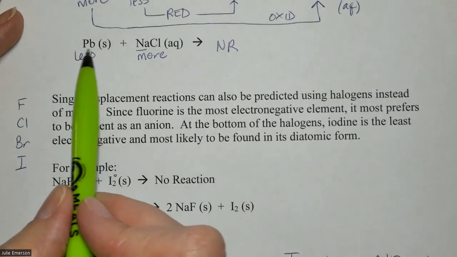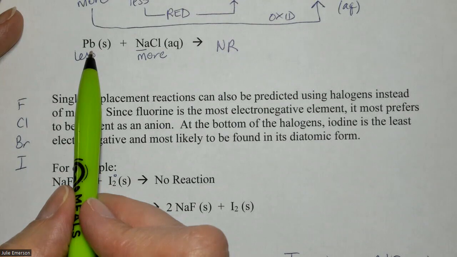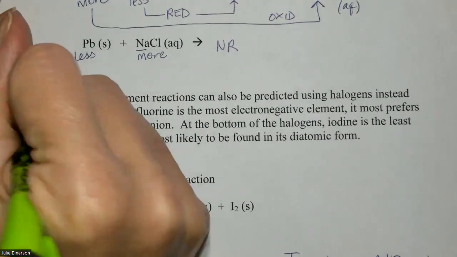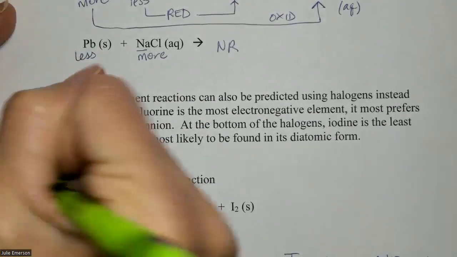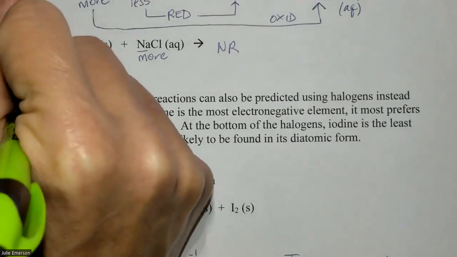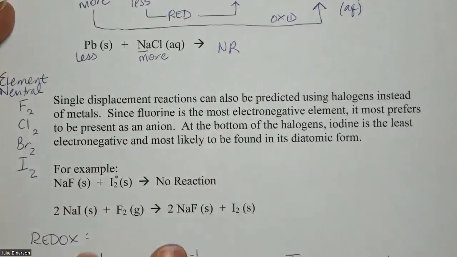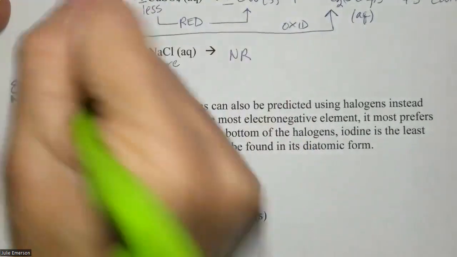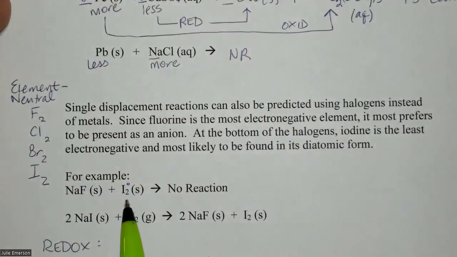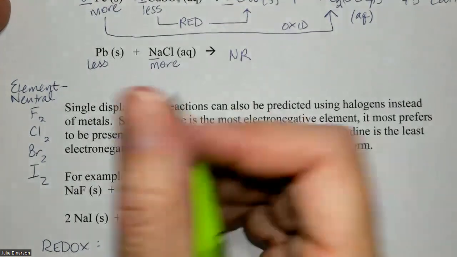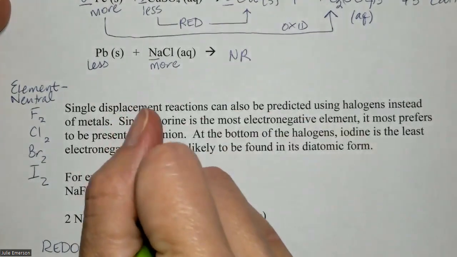So like lead is just Pb, we don't put Pb2. But for fluorine, chlorine, bromine, and iodine, when they're in their neutral elemental form, we have to report them as diatomic. All right, so the I2 has no charge. This is going to be the neutral.